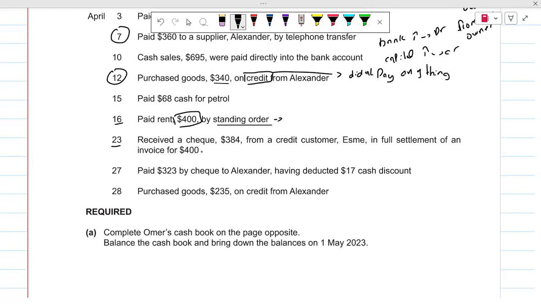So we received a check from Esme for $384 in full settlement of an invoice of 400. So it means that we were supposed to receive $400 from her. It means that we gave her the invoice of $400 and we received $384 from her.